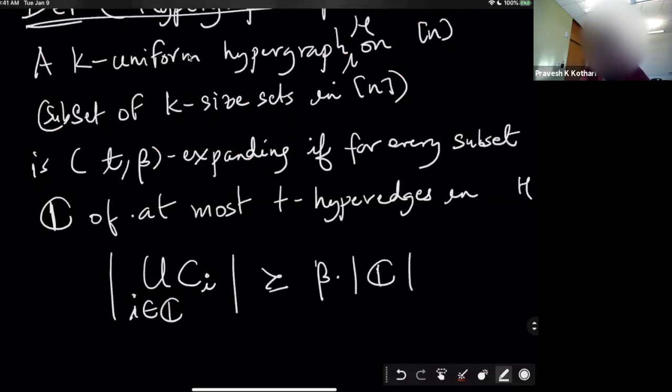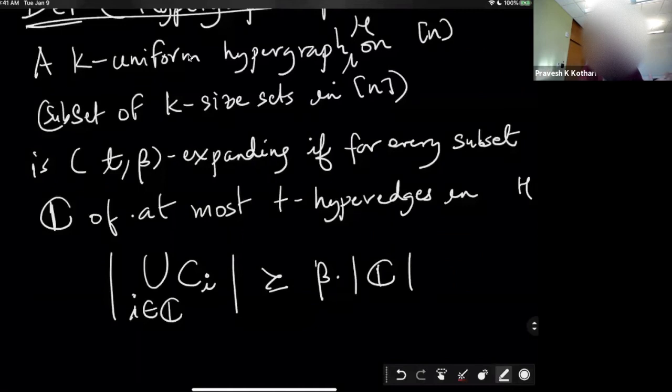So what is this saying? The notation can be somewhat daunting, so let's be clear. I'm saying that this K-uniform hypergraph H is (T, beta)-expanding if I take any T of its hyperedges, where each hyperedge is just a collection of K indices from 1 through n.